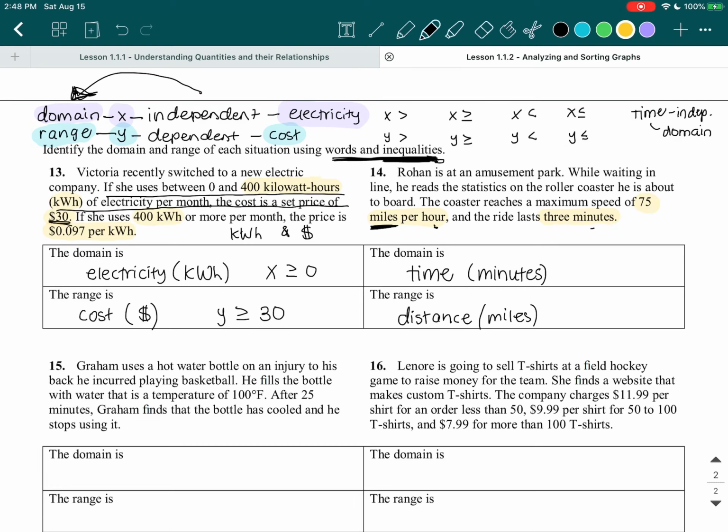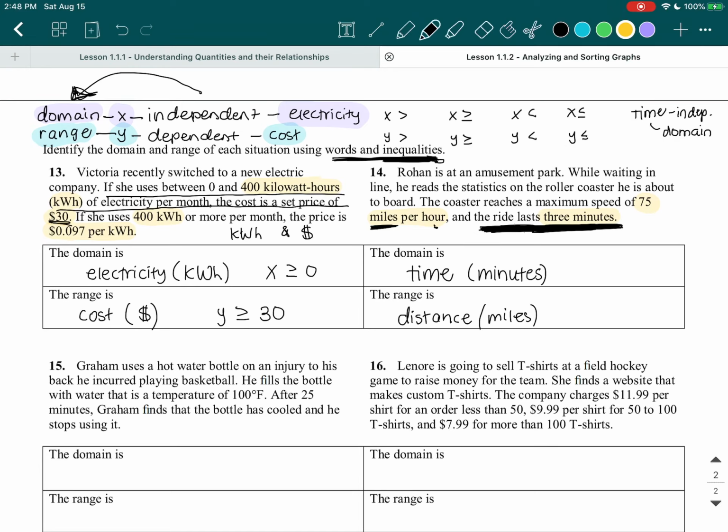For the domain, read this last phrase right here. The ride lasts 3 minutes. So that means the time in minutes has got to be between 0 and 3 because that's how long the ride is. It's not going to be longer than that, and you can't go negative minutes.